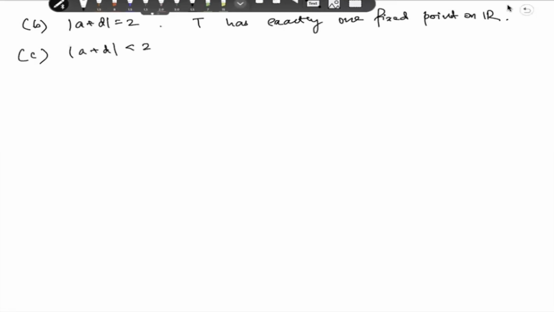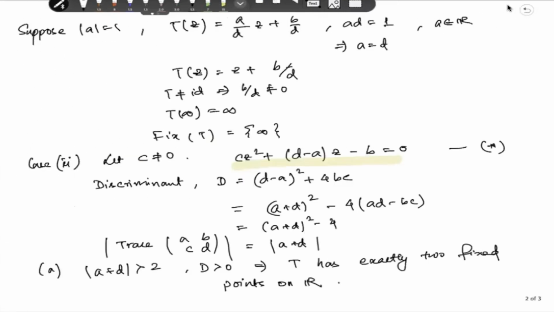Then the discriminant will be less than 0, so this quadratic equation will have two imaginary roots, and the roots will be conjugate to each other.